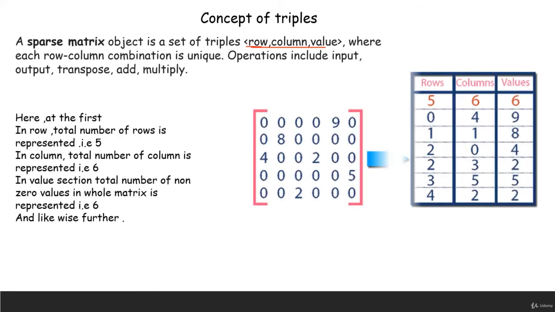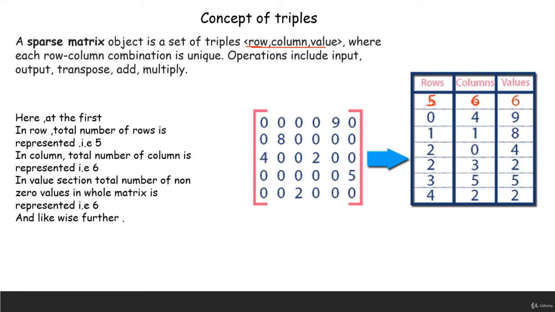So let's have a look at this sparse matrix. We will see what triples are present in it. I have written one table in which I am considering the triples, that is rows, columns and values. You know that there are 5 rows, 1, 2, 3, 4, 5, and there are 6 columns. So first we will write that there are 5 rows and 6 columns.